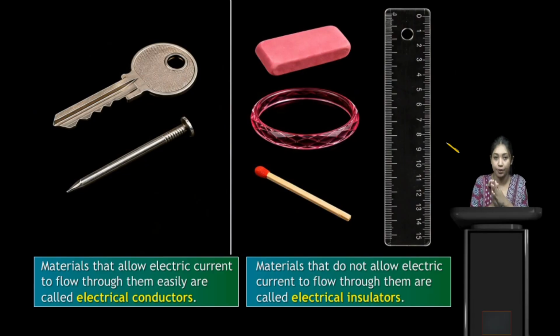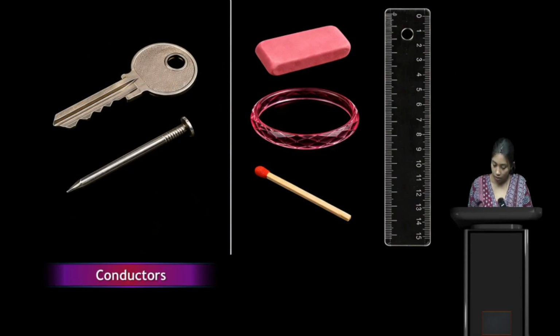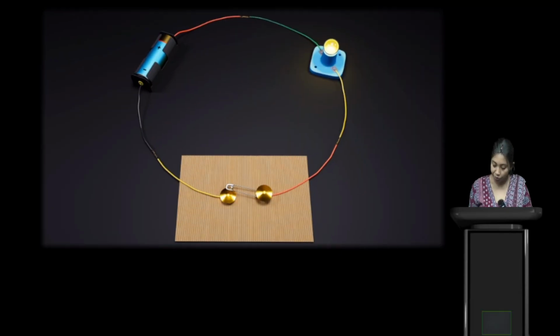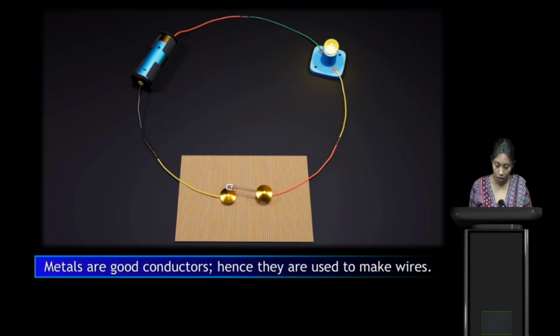Don't forget, conductor allows the current to pass, insulator does not allow the current to pass. Now we know conductor, insulator. Now it's saying that materials are good conductors, hence they are used to make wires.